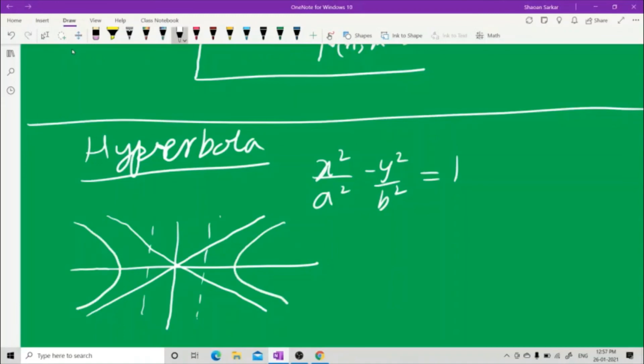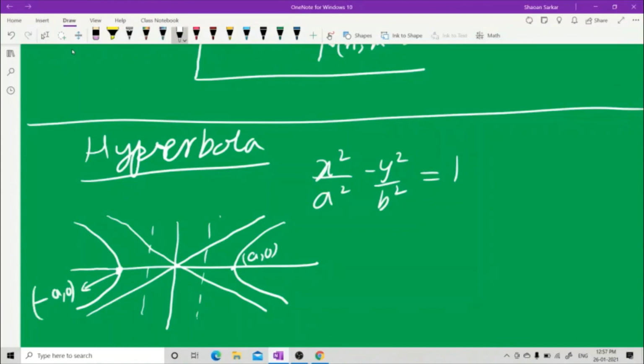This is the point a comma 0, the vertex. This point is minus a comma 0.